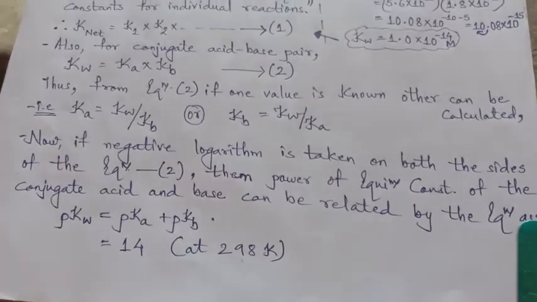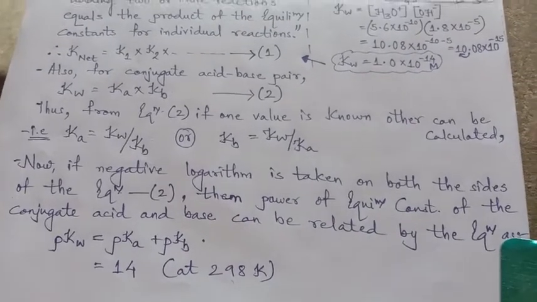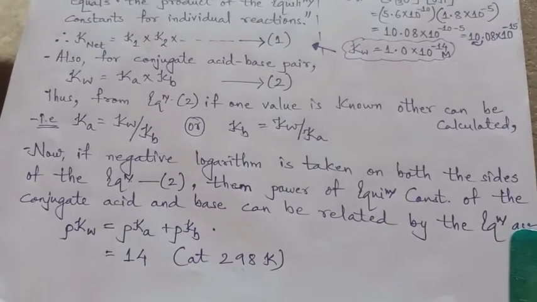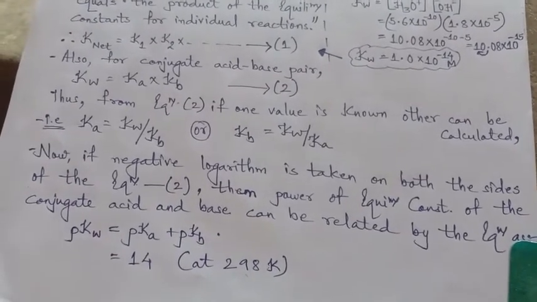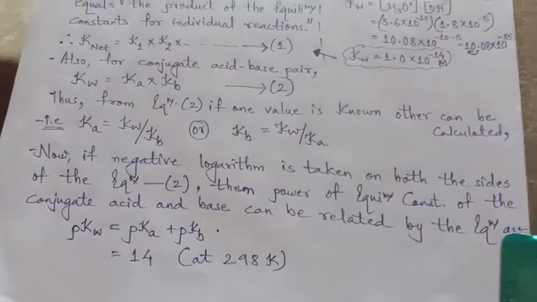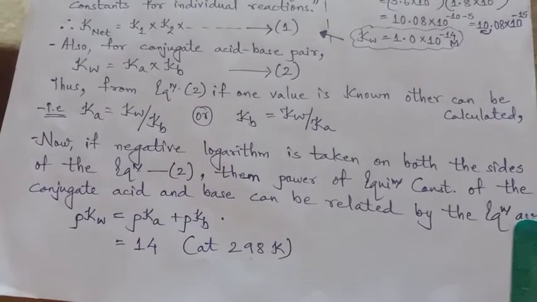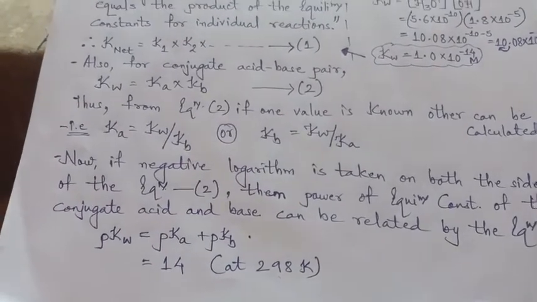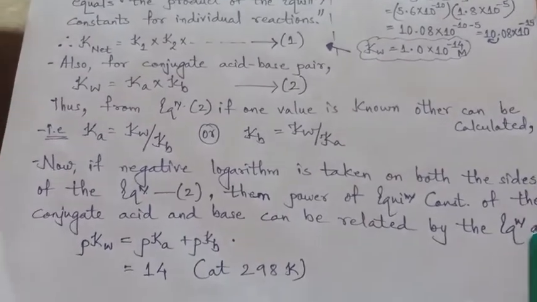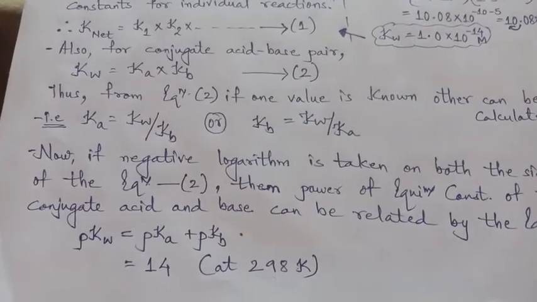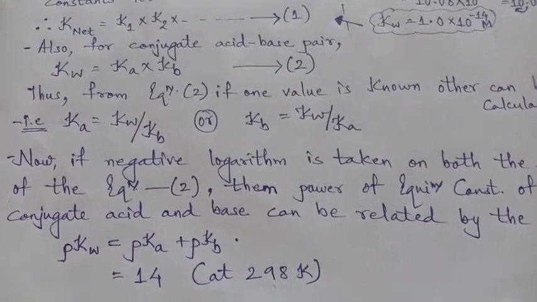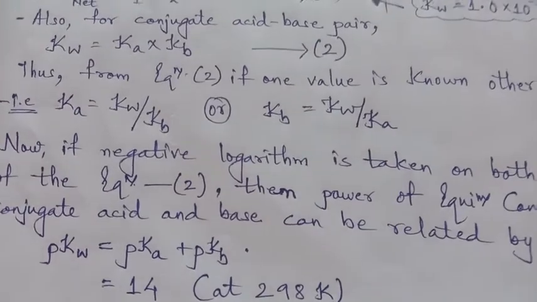It gives us the power of the equilibrium constants of conjugate acid and conjugate base, related by the equation pKw is equal to pKa plus pKb, and the addition of pKa plus pKb is equal to 14, which is the power of the ionized form of water, that is H plus and OH minus, at room temperature, that is 298 Kelvin.